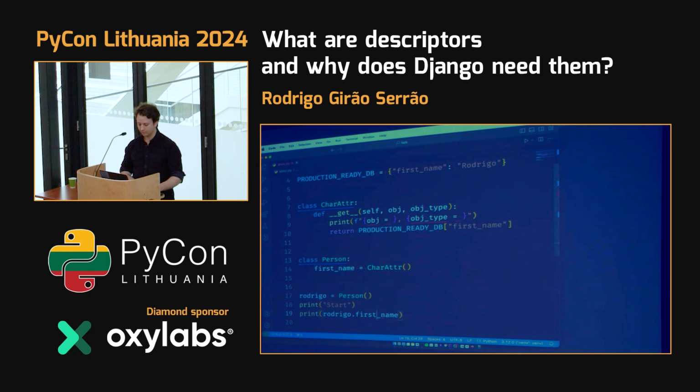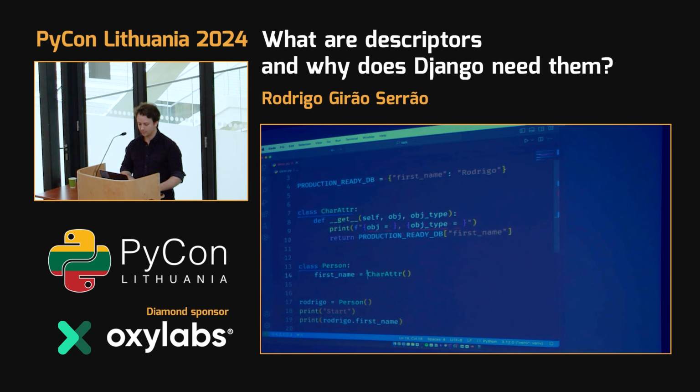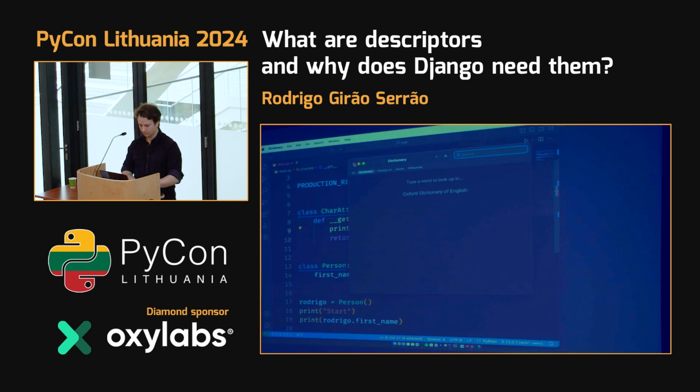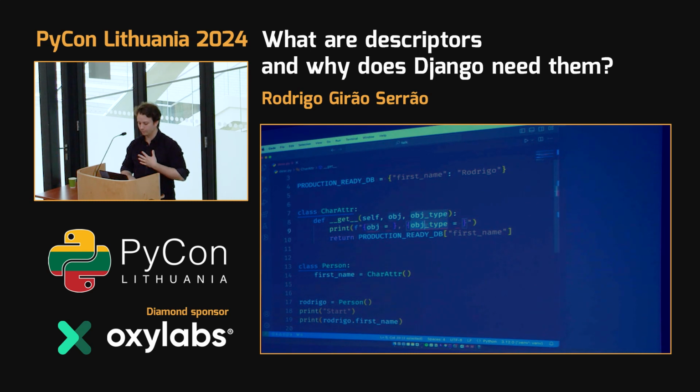When I access Rodrigo.firstName, I'm going to access this Char attribute, and then Python will see, wait, hold on, Char attribute actually has a dunder get, so it will run this dunder get to fetch the value of the first name. It will pass the Rodrigo instance here, it will pass the Person class here, and then it will return the first name, and finally I print the first name.